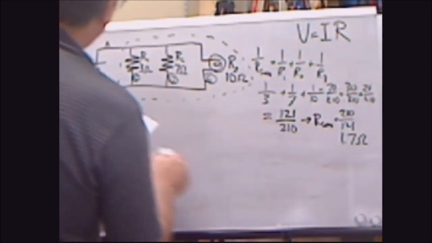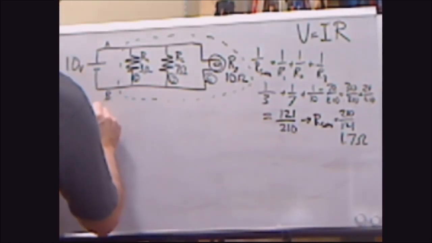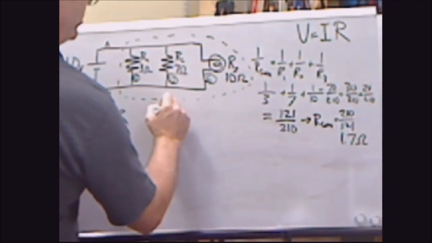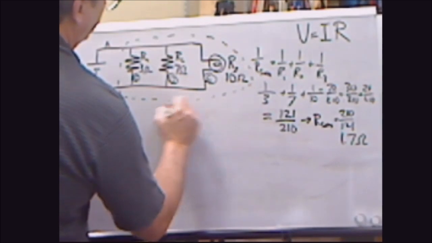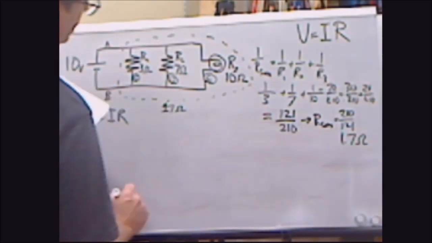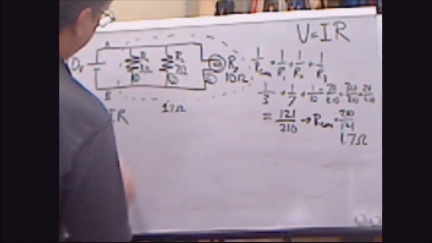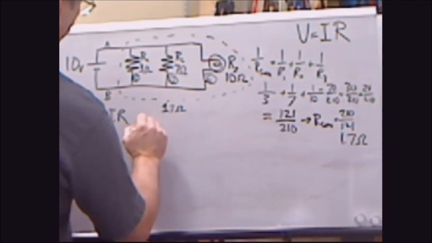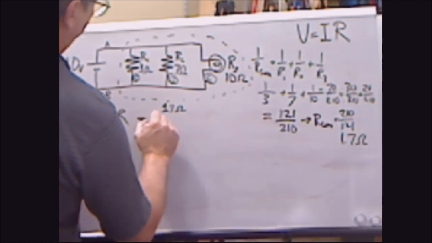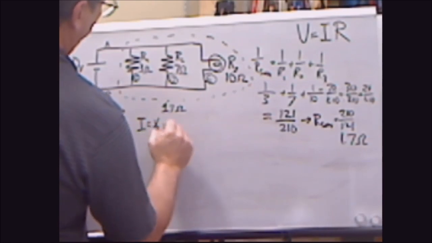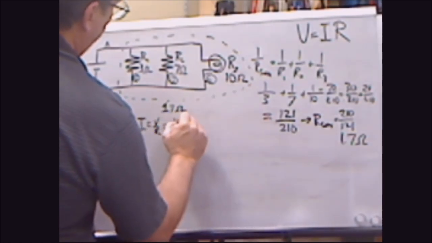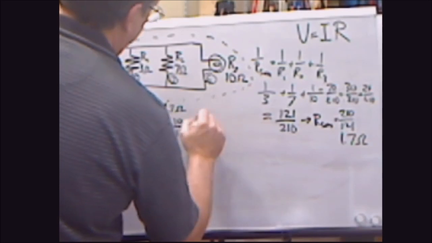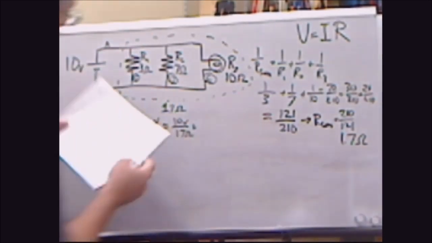Okay, so what's the current? Here's Ohm's law, V equals IR. We know the resistance of this whole system is 1.7 ohms, and we know the voltage, so I equals V over R, which is 10 volts over 1.7 ohms.